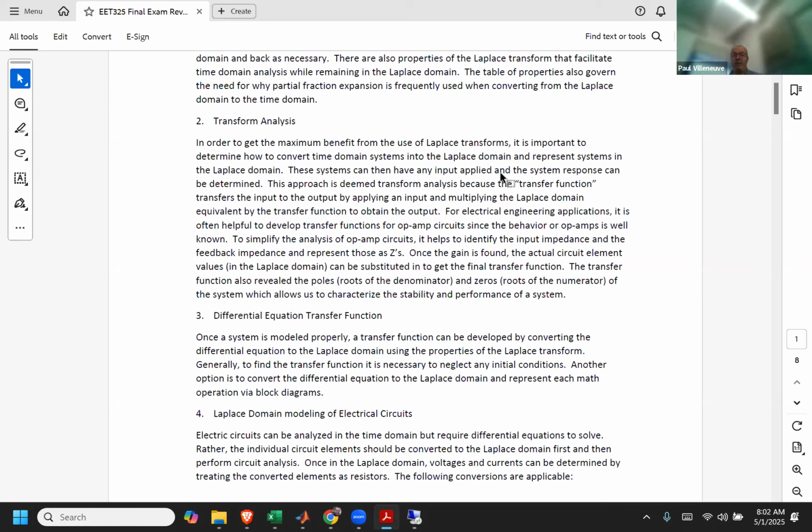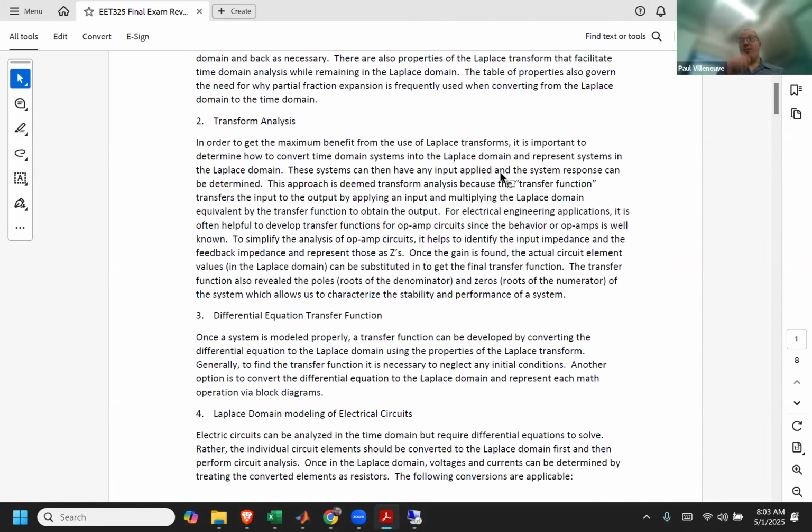And we often did that for electrical circuits using transform analysis, and we like to use op-amps. If you remember, we did a lot of stuff with op-amps, and op-amps allowed us to come up with easy transfer functions with negative RF over RI. If that was a resistive circuit. If we had some capacitors or inductors, now we had to introduce the concept of the Laplace transform, S, in there.